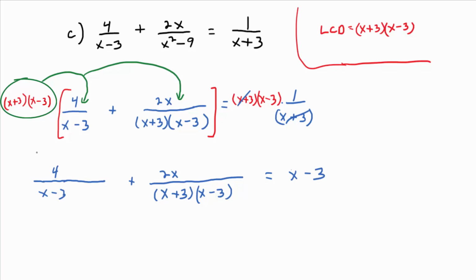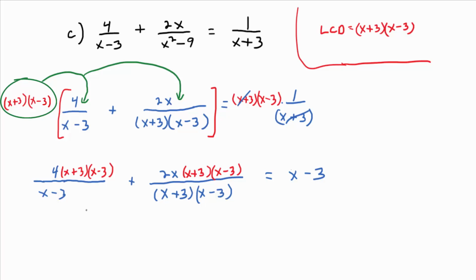Now on the left-hand side, what I wanted to show you was the distribution. So when I do the distribution, this x plus 3 times x minus 3, the LCD lands as factors in both numerators.